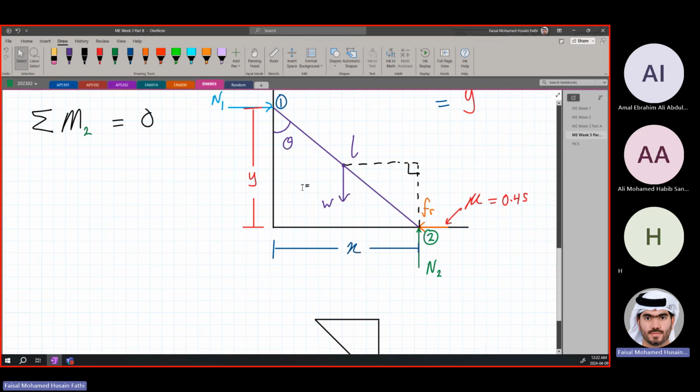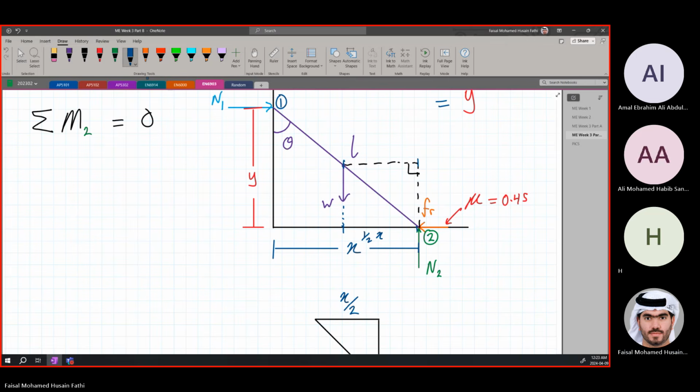We know it's a uniform ladder, so we know the weight is acting exactly in the middle. So we know that this distance, from here to here, is going to be half of x, which is equal to this distance over here. So this is going to be x over 2. Okay, that's the first thing we found.